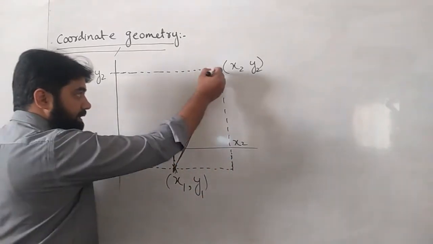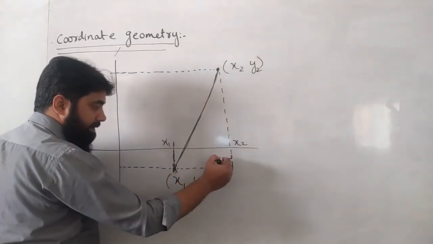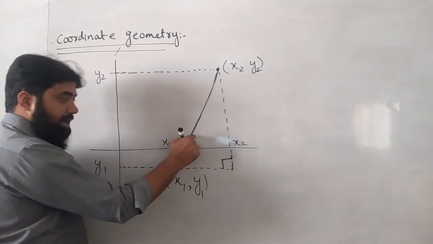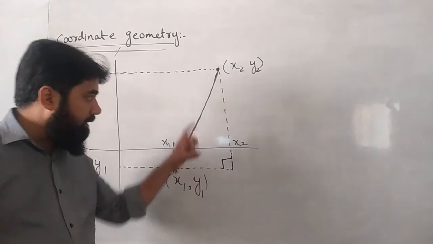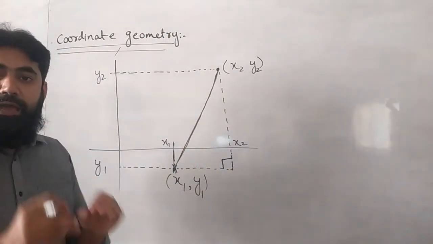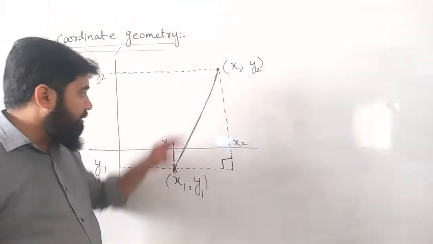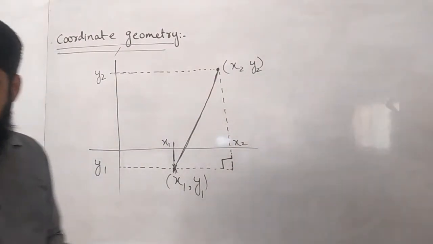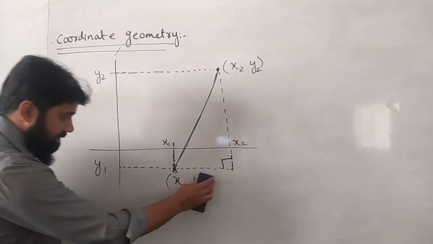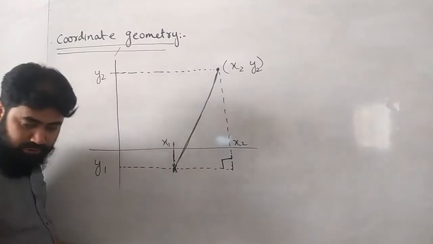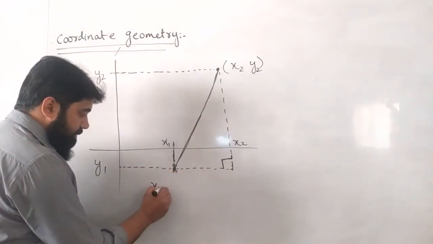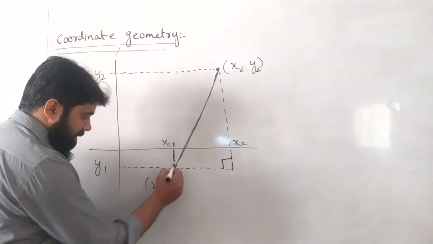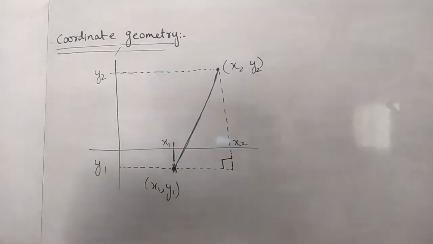You can see it is forming a right angle triangle, and this is the hypotenuse of that triangle. If I find these two sides, I can use the Pythagoras theorem. This is x1, y1, the coordinate for this point.